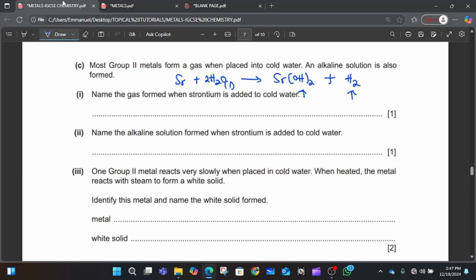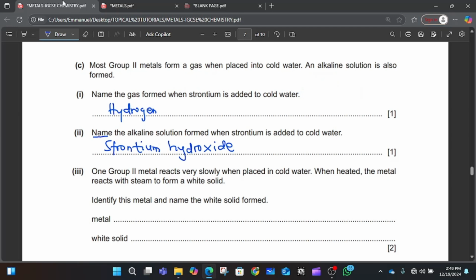So the gas produced here is hydrogen gas. II. Name the alkaline solution formed when strontium is added to water. So the strontium hydroxide produced here is the alkaline solution. We have to write the name and not the chemical formula.